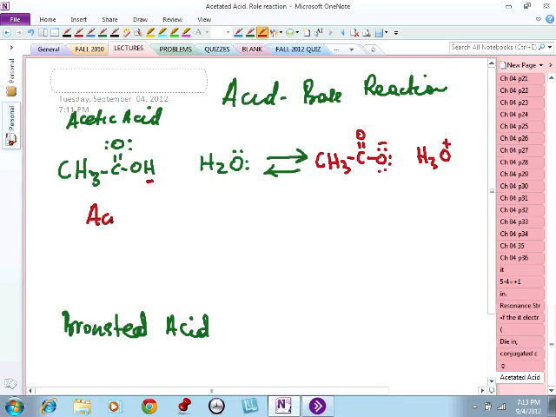Now, we say this is the acid because it is donating a proton. We call this a base, and so this will be your Bronsted base.